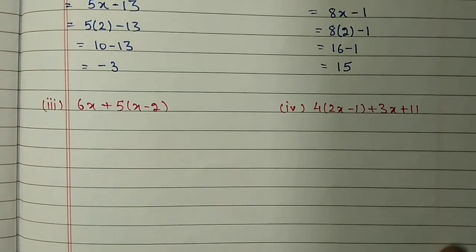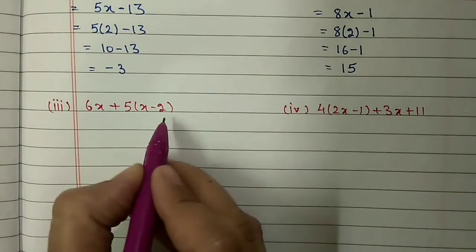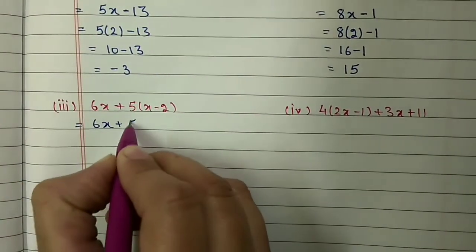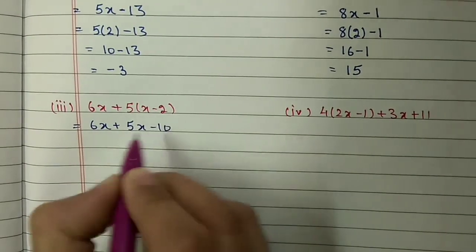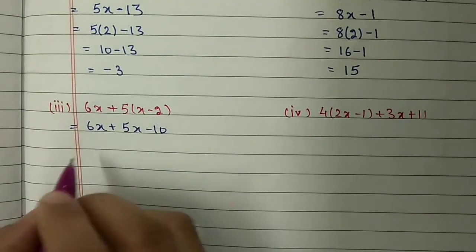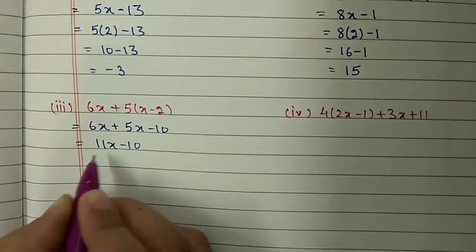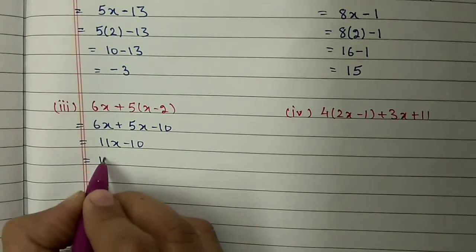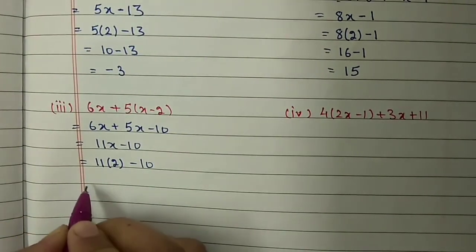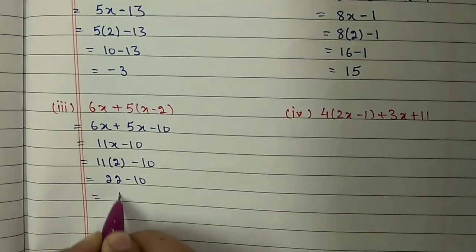Next, third part, 6x plus 5 into x minus 2. So first we will remove this bracket. 6x plus 5x minus 10. 5 into 2, 10. Now 6 plus 5 will become 11. 11x minus 10. Substitute the value of x. X value is 2. 11 into 2 is 22 minus 10 is equal to 12.